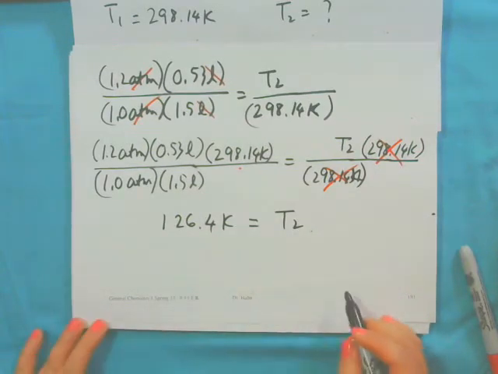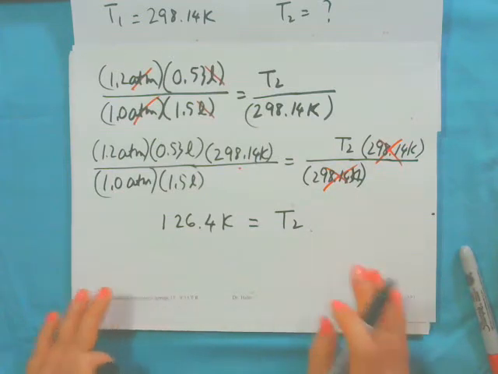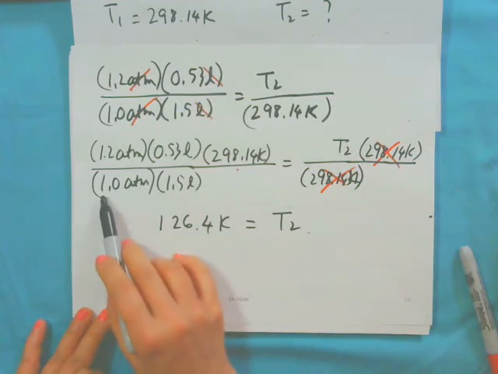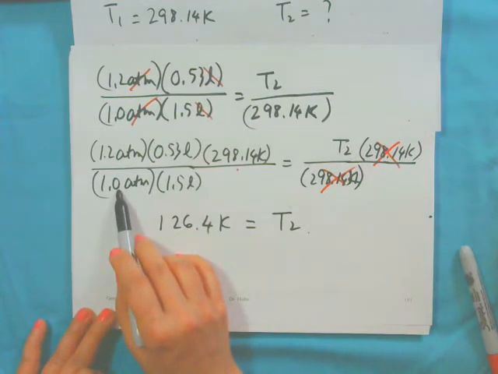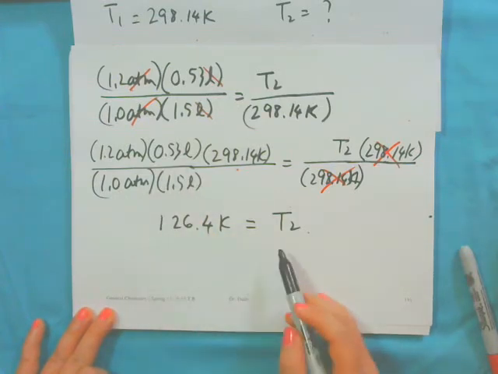People usually write the variable on the left side and the actual number on the right side as a general rule. So we're going to go ahead and do that. The other thing I noticed is that I only have two significant figures in my pressure and in my volumes. So I can only have 2 significant figures in my final answer.